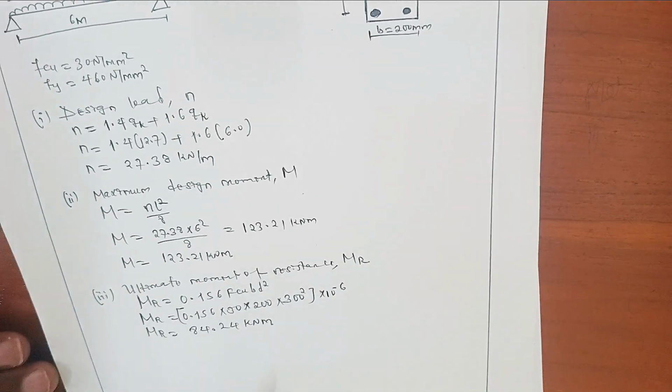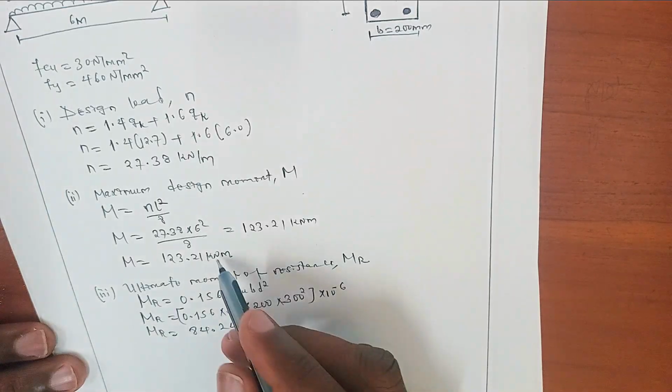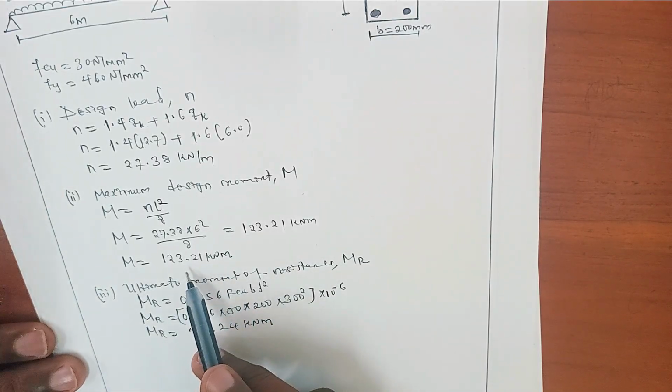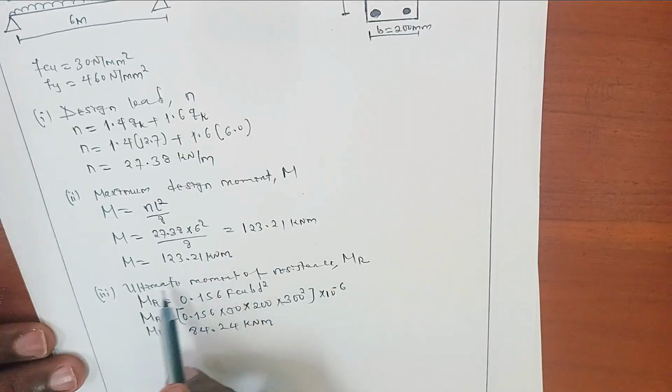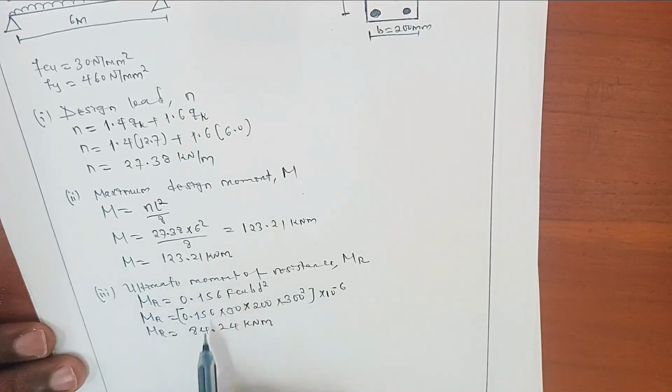In order to determine whether our design is for a double reinforced section or a single reinforced section, we check and compare: is the maximum design moment greater than the ultimate moment of resistance?